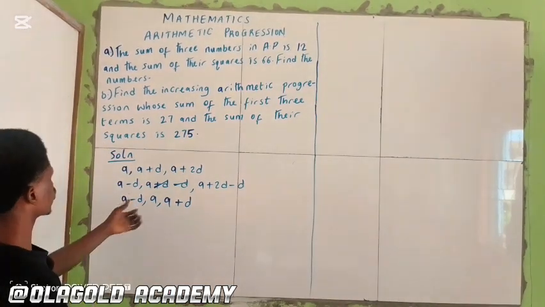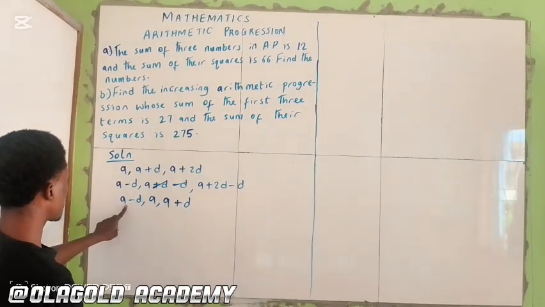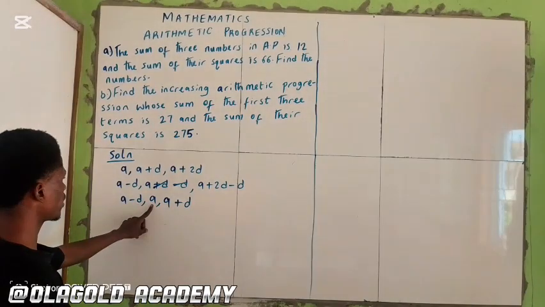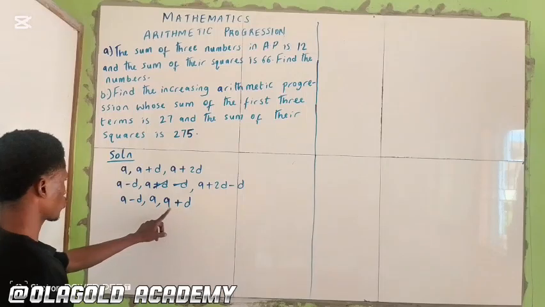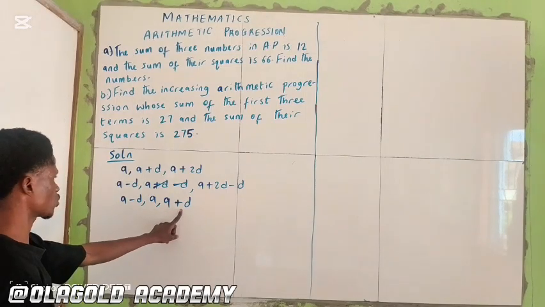So the three terms are A minus D, A, and A plus D. So these are the three terms.